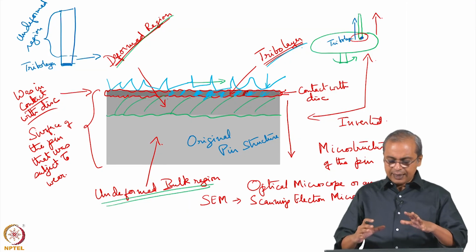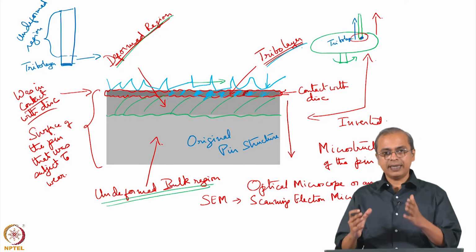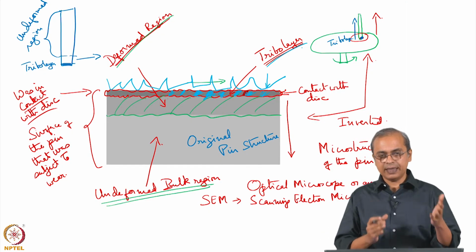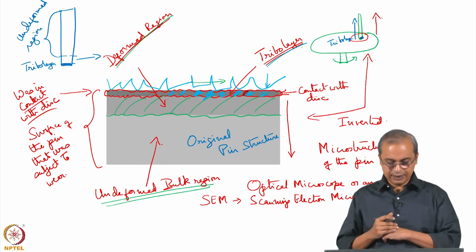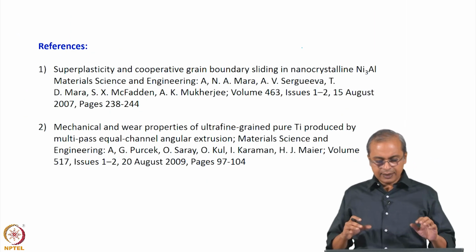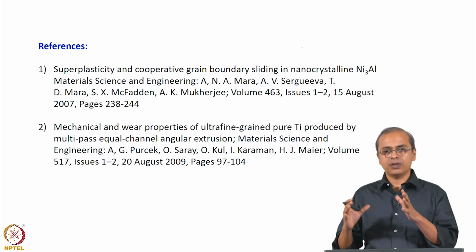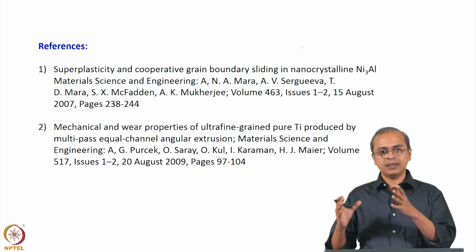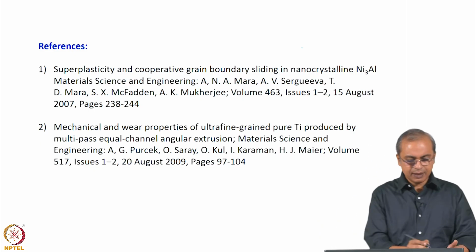Therefore, in summary, you can create a nanoscale material using severe plastic deformation and use it for testing wear properties. So, that is our discussion on using severe plastic deformation for some experimental application, in this case for wear properties. I want to draw your attention to two references here.